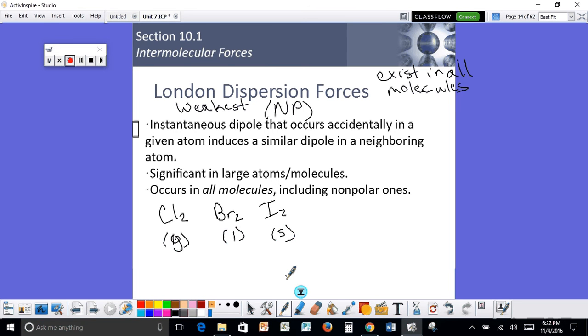Why does this happen? It happens because of IMFs. The IMFs are increasing in strength as we move down the periodic table. Why? What's changing about these? The number of electrons.